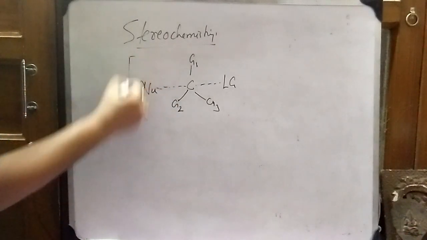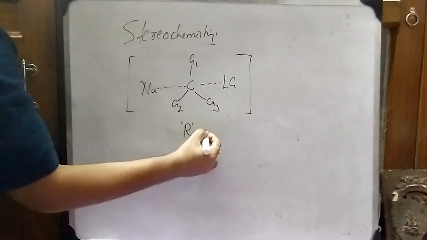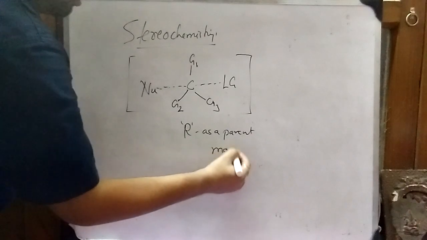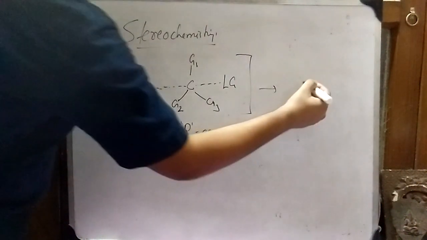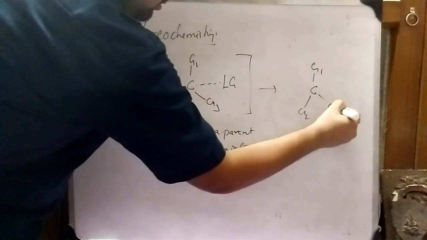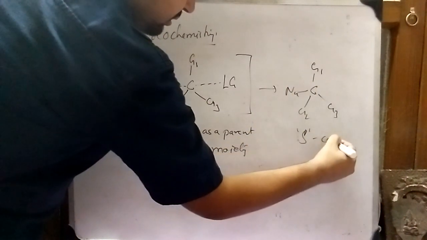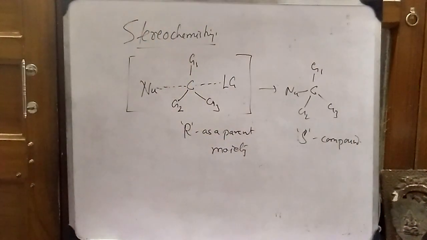So if a group with R configuration was present as the parent moiety, then the daughter product will be an S compound. If the parent compound was R, then the daughter compound will be S.